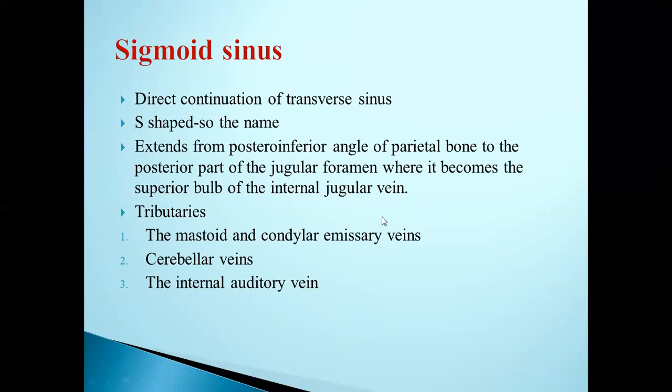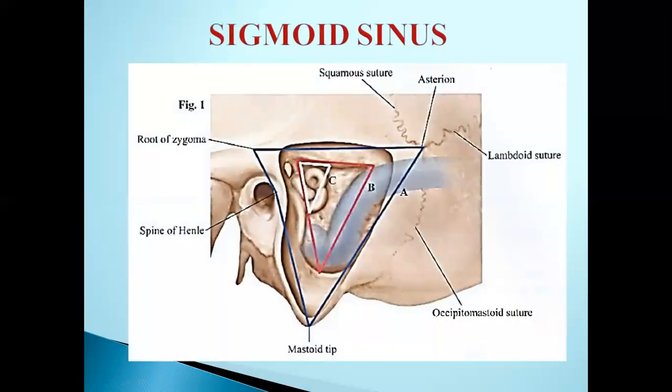So see the extent where the transverse sinus is ending, that is posterior inferior angle of parietal bone, to the posterior part of jugular foramina, where it becomes internal jugular vein. Tributaries it receives are mastoid and condyloid emissary vein, cerebellar vein, internal auditory vein. You can see here, the transverse sinus is ending and S-shaped sigmoid sinus.